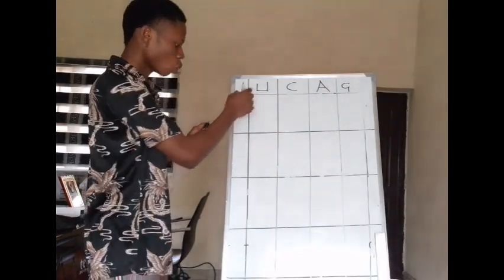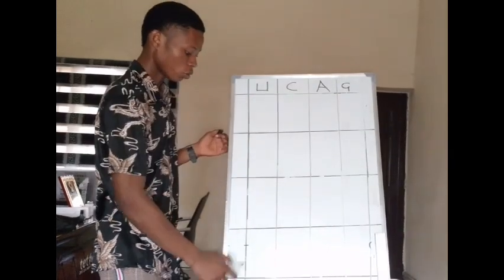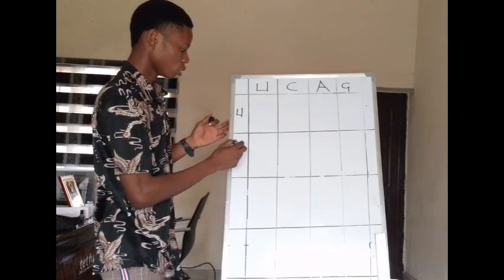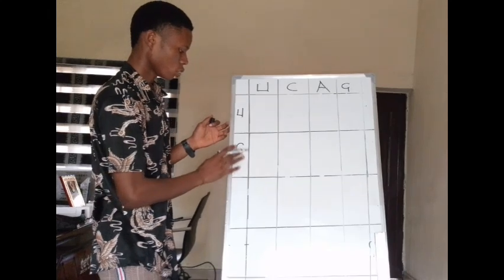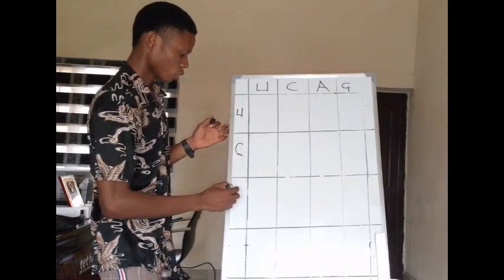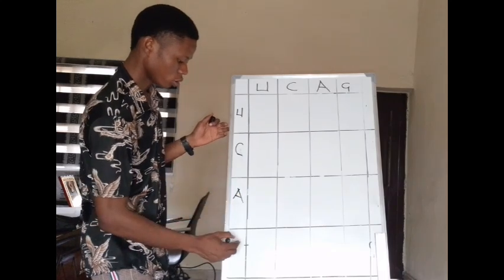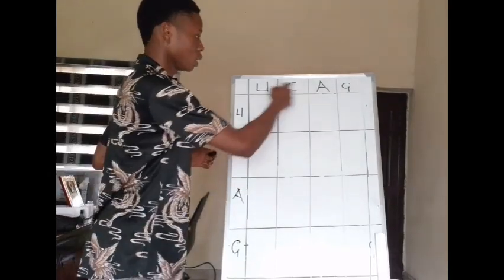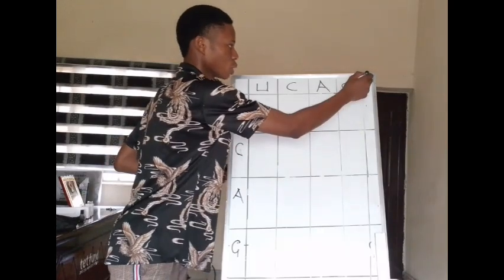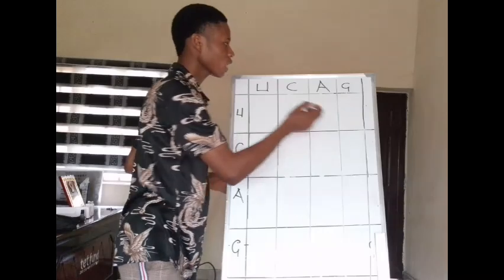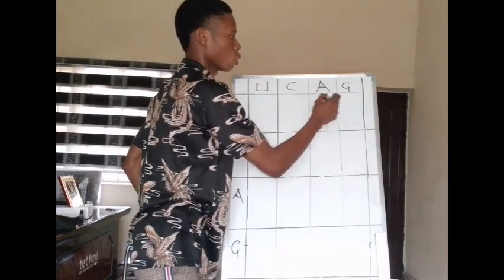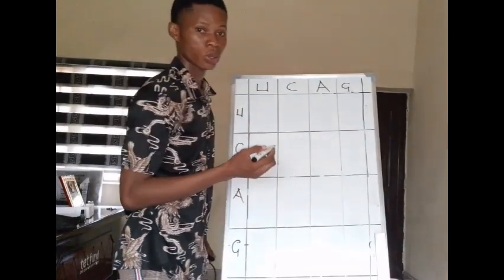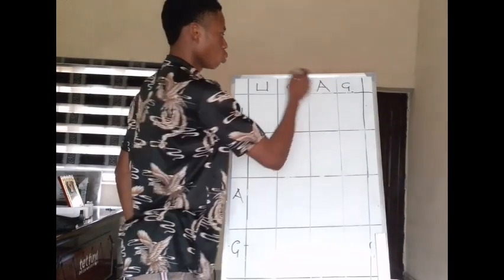I'm going to write the same thing here: U, C, A, and G. Now I'm going to write this same thing on the other side, but as I write it, I'll write all of them in one box, all of them in the next box, all of them in the next box, and all of them in the next box. I don't know if you get what I'm saying. So this is what I mean.